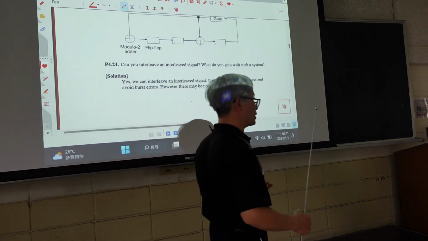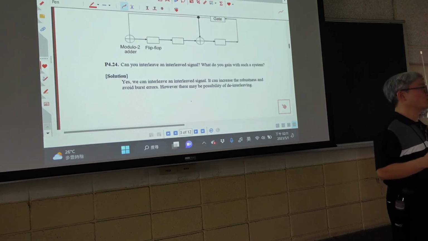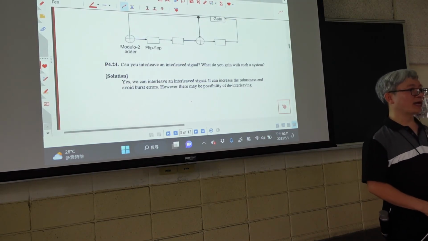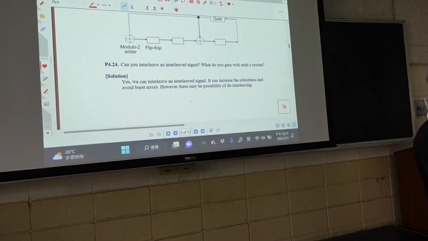And actually, we need to consider a different way so as to avoid the interleaving. Otherwise, if we interleave again, or use a different way that is similar to interleaving, it is not the purpose of the original design for interleaving.